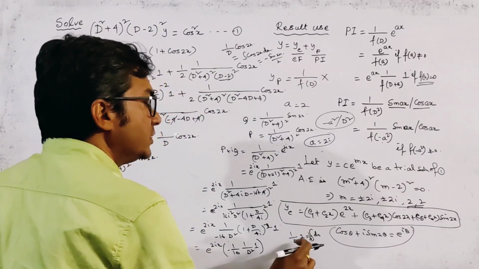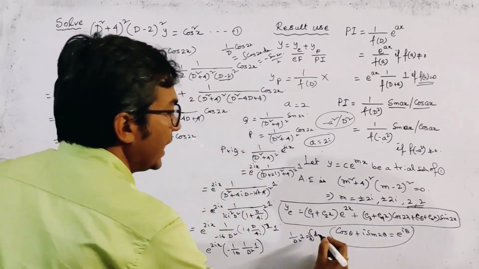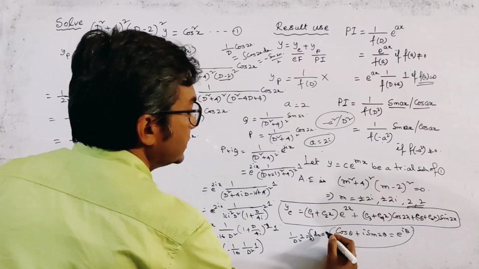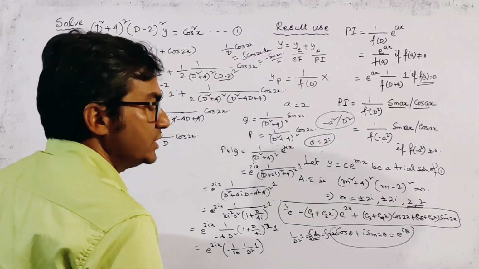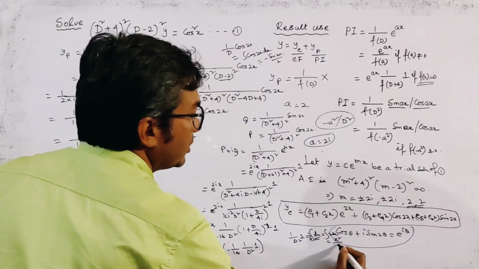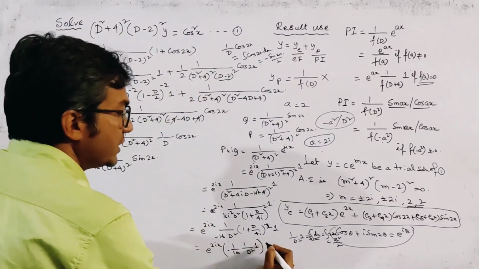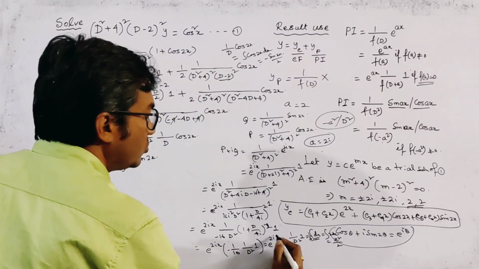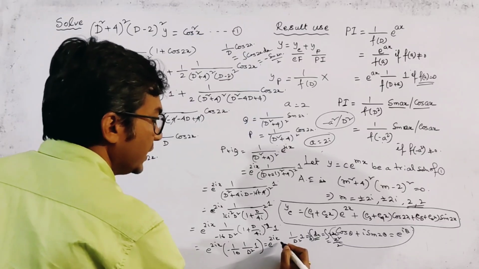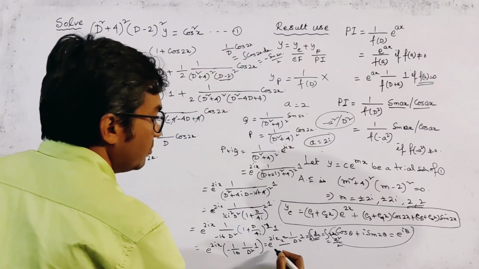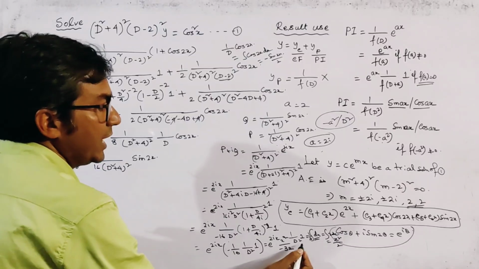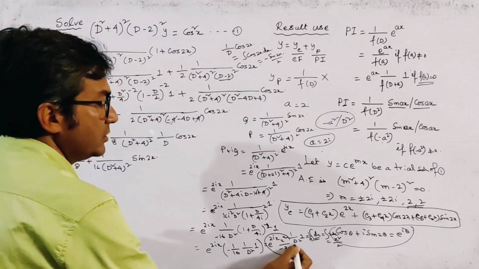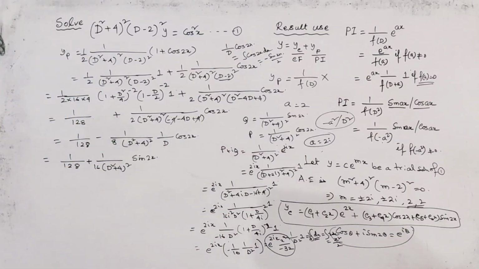This is the work of 1 by d, and again this is the integration of x dx, because this integration is x, so we get x square by 2. Okay, so the result becomes e to the power 2ix into x square by minus 32, because there is minus 16 and 2 we get here. This result we get finally.